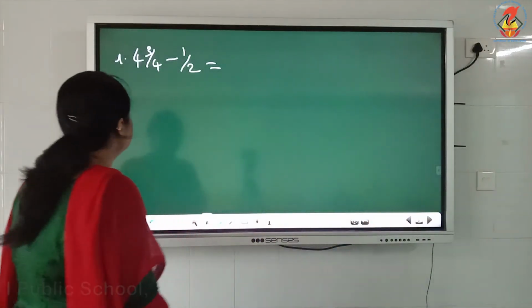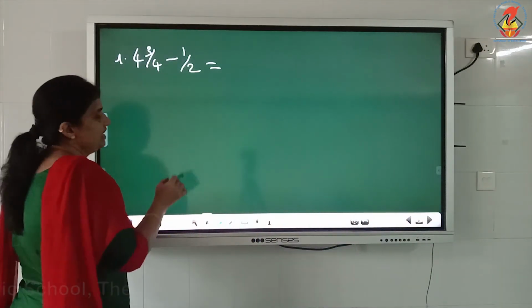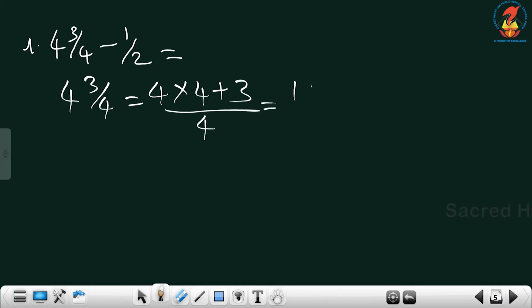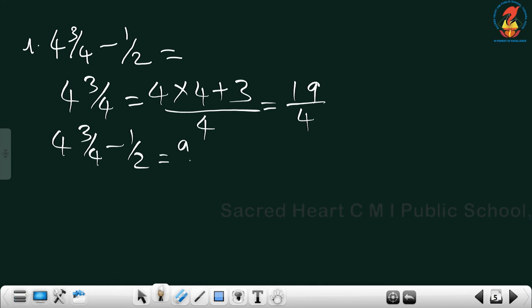And the next one is 4 and 3 by 4 minus 1 by 2. First I need to change 4 and 3 by 4. 4 into 4 plus 3 divided by 4. 19 by 4 only, right? And here 4 and 3 by 4 minus 1 by 2 will become what? 19 by 4 minus 1 by 2.